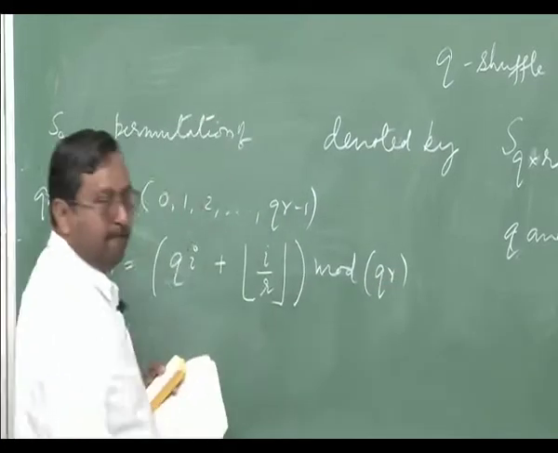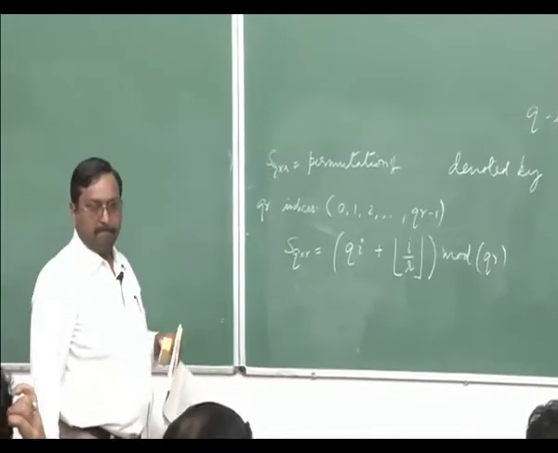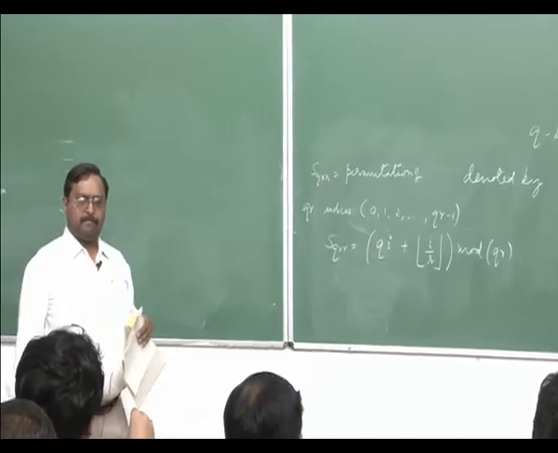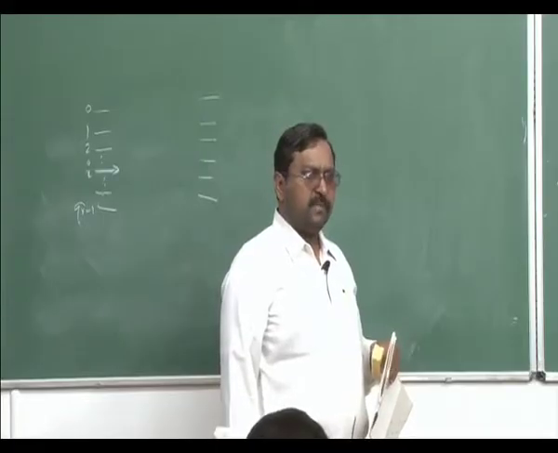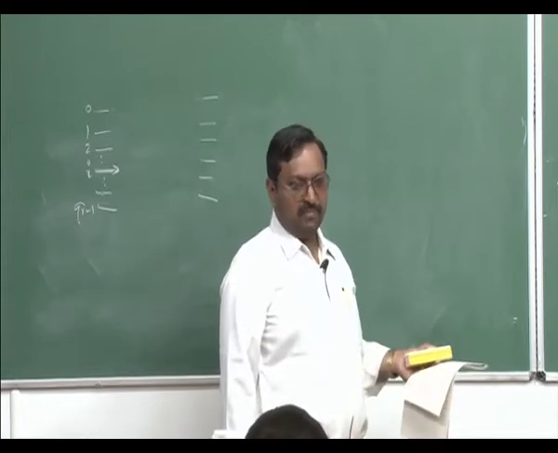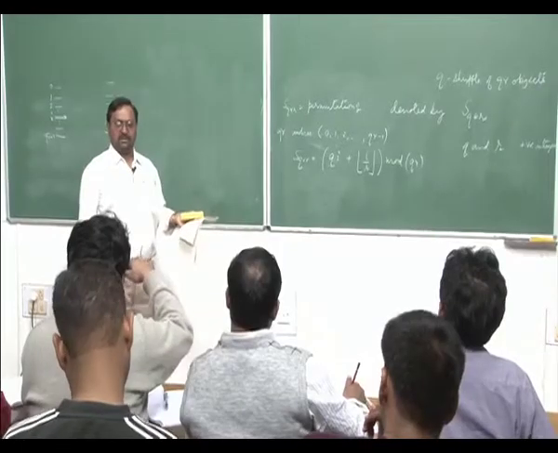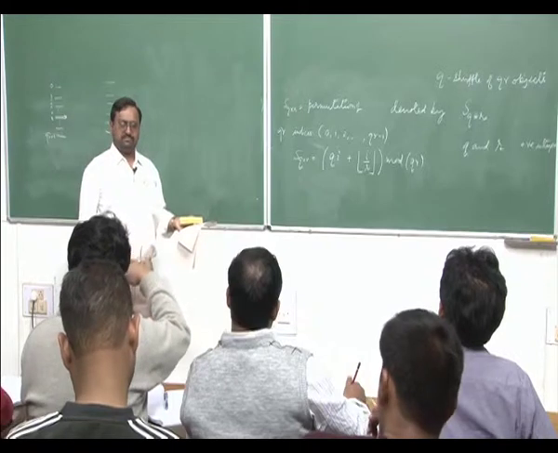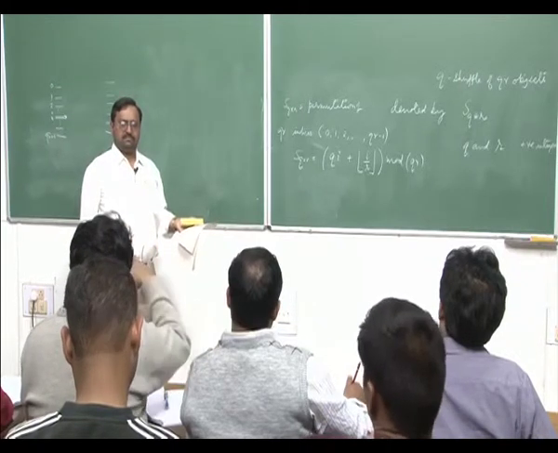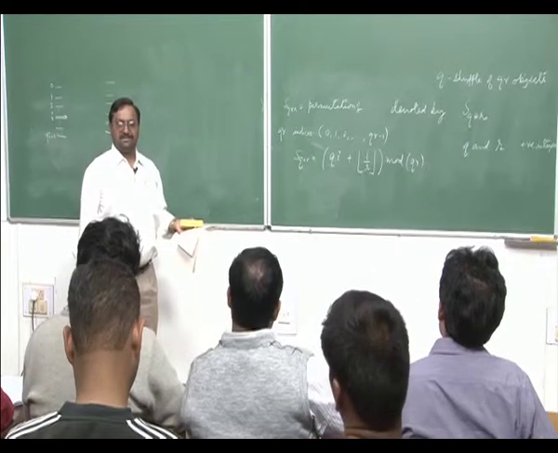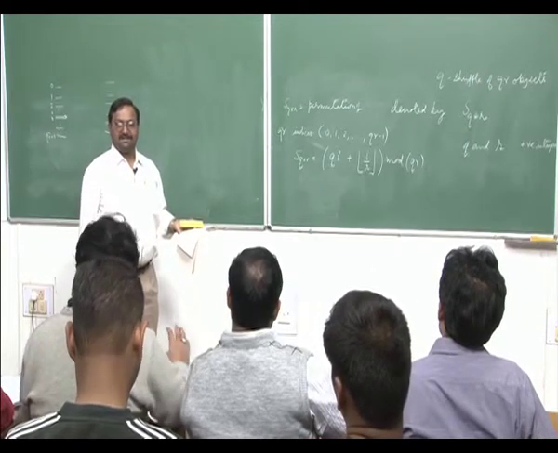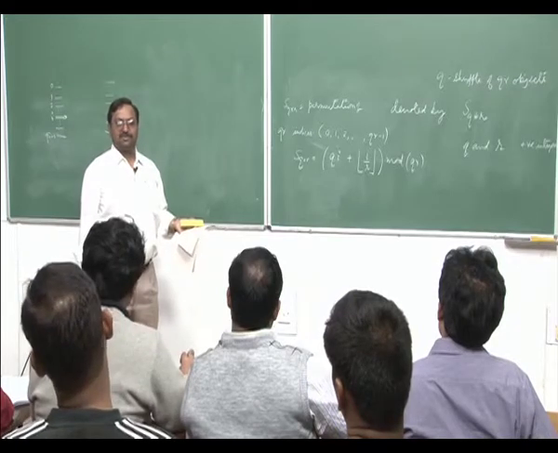When I am taking Q into I, here I am assuming that Q shuffles of I are permitted. Q shuffling, what I am implementing now is of QR objects. The stack is of QR objects, numbered from 0 to QR minus 1.